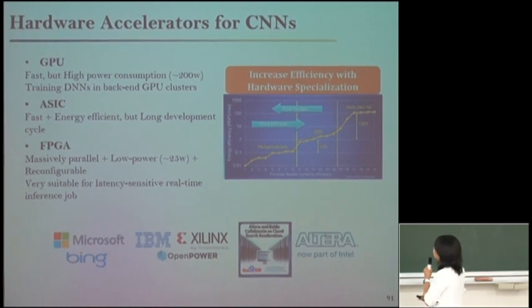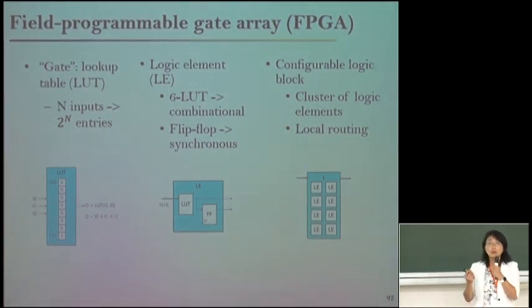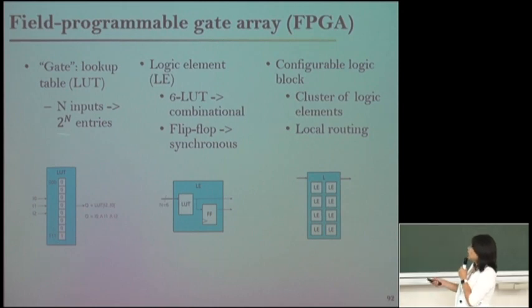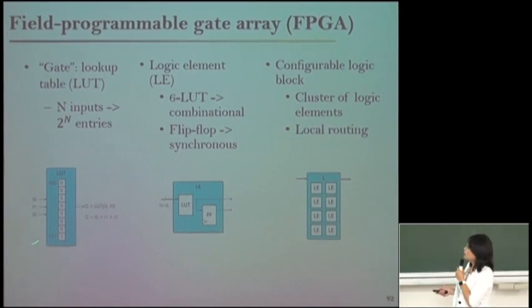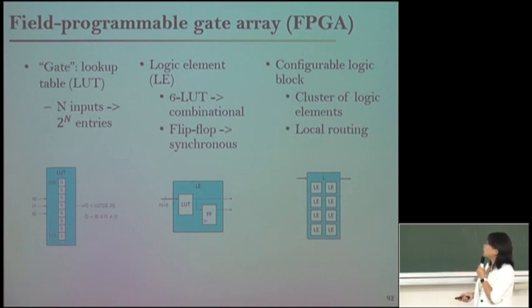And I assume you know the FPGA structure pretty well. It has lookup tables, so any n inputs correspond to 2 to the power of n entries. And the logic element is essentially a lookup table with flip-flops, which is used for synchronization. System-wise, many logic elements will be grouped into configurable logic blocks.